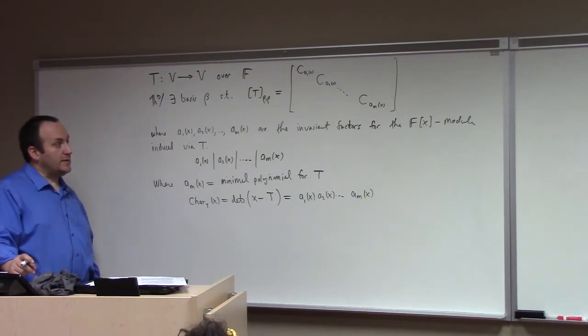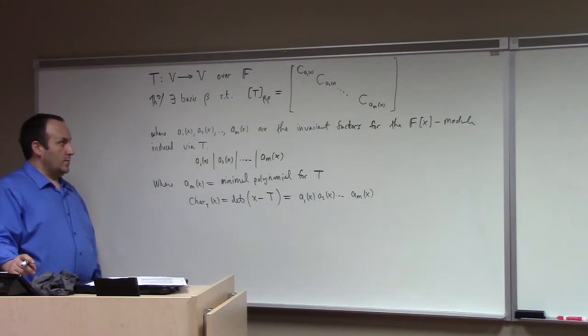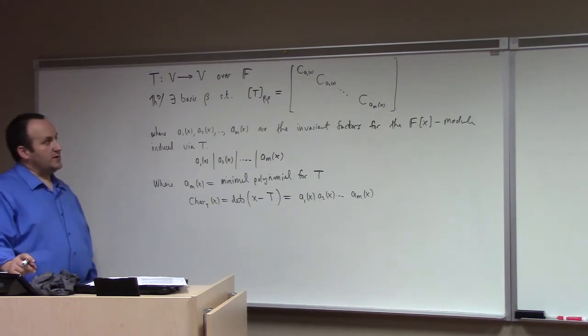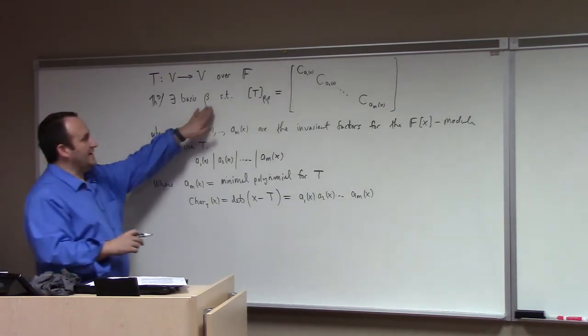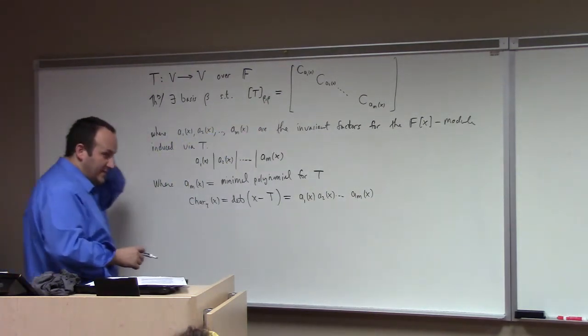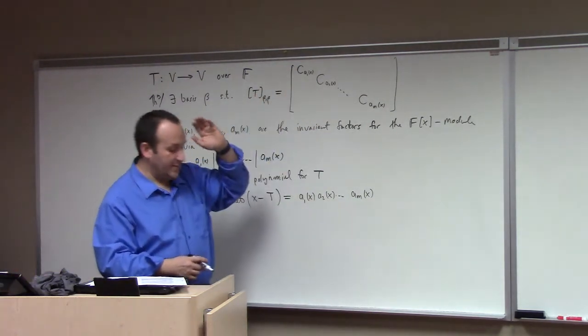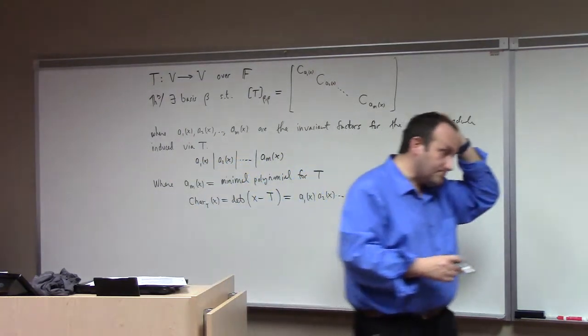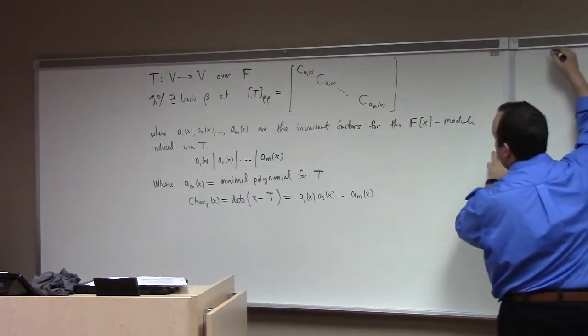Okay, now the question is, how is this basis, beta, for V constructed?